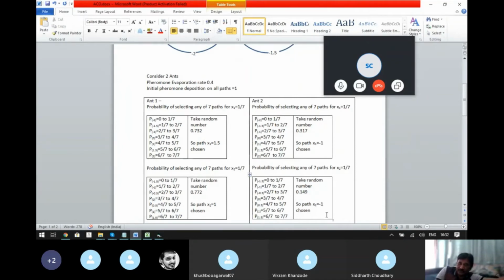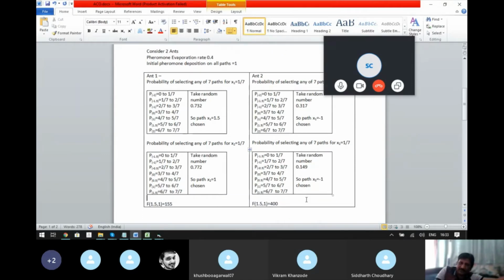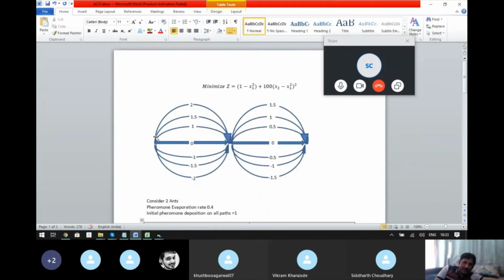So with this value of x1 and x2 both equal to -1, the value of f will be found out, and that is 400. Now, what is the use of these values of the function? Both the ants will reset their positions to this point. Their first journey is complete.